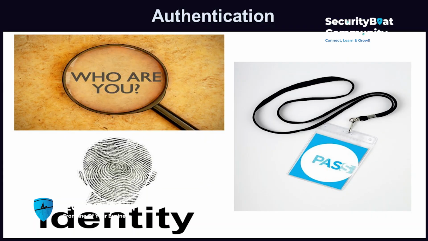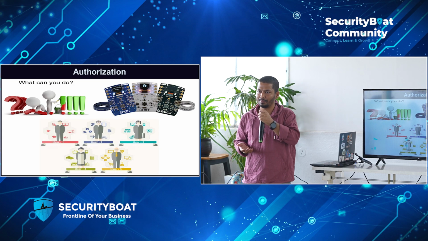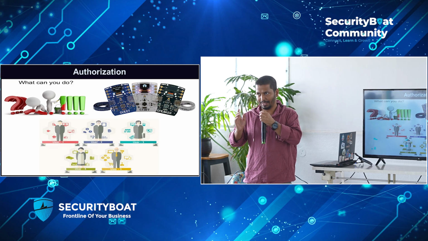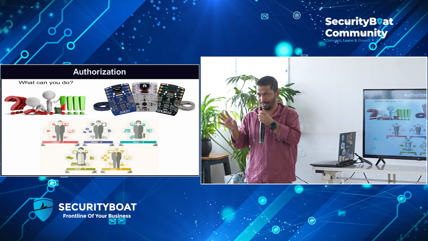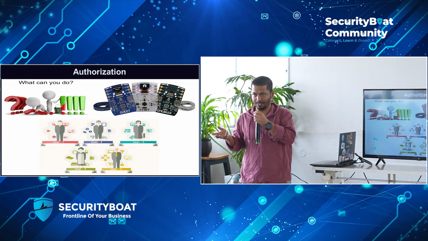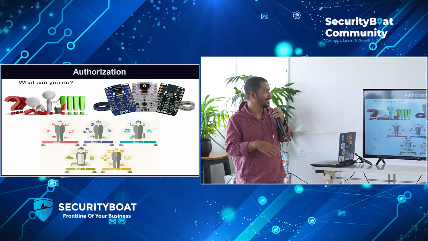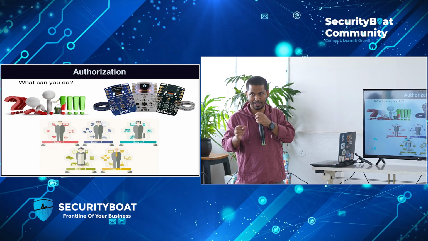Then comes authorization. Authorization is nothing but your roles. Remember, authorization always comes after authentication. So first you have to authenticate, then your roles will be assigned based on your user or whatever identity you have, right? So in authorization, what you can do, these are the terms defined.